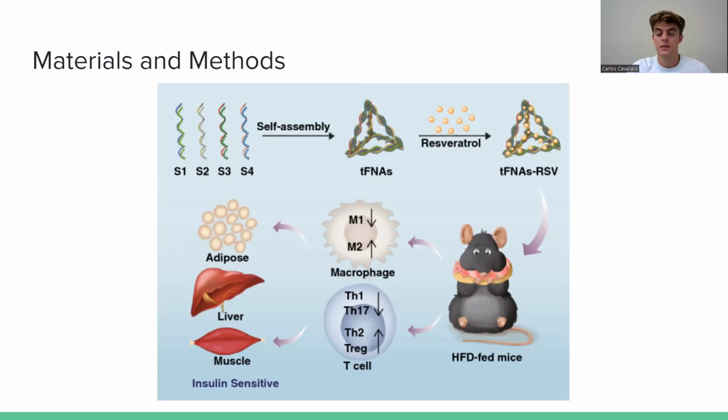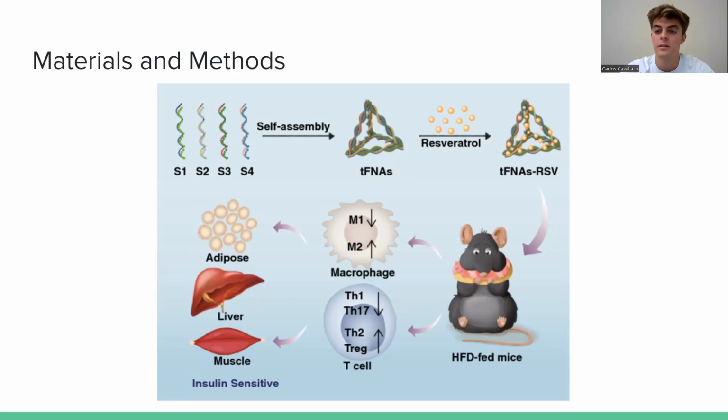They stirred the mixture for 6 hours at 4 degrees Celsius, and then took out the residual single-stranded DNA and RSV using ultrafiltration. So after all this, they had the combined tFNA-RSV molecule.